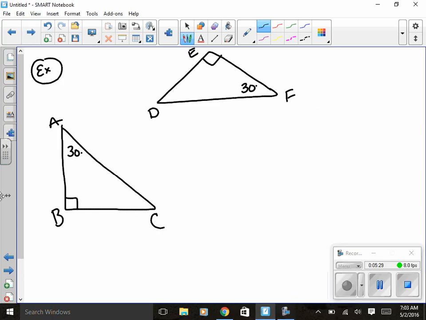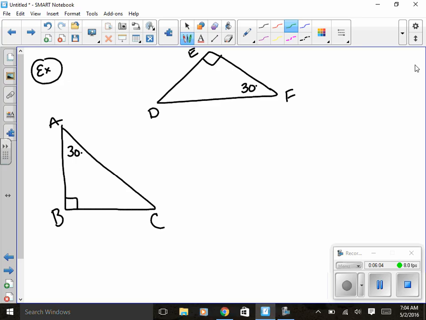Okay, so when we're looking at this, we need to figure out what the corresponding sides and corresponding angles are. So what does this mean? This means I have to match up the correct letters and see where they're at. So looking at this, and notice here, right now I don't have any side lengths, which is fine, but I just want you guys to get the idea of what we mean by similar.